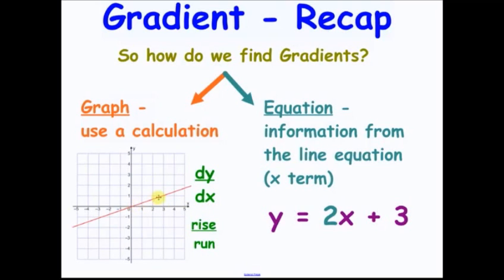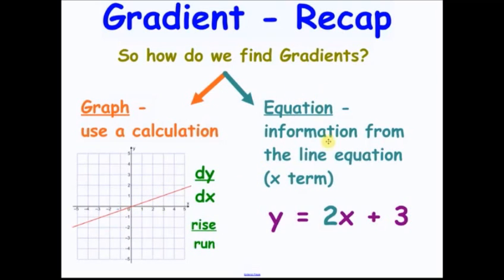So you pick 2 points and you work out the difference in the y divided by the difference in the x. If you don't want to use the maths term, then a very good way of remembering it is the rise, so it rises 1, divided by the run along 3. So you run along 3 and you divide it into the rise of 1. So the gradient of that line is 1/3.